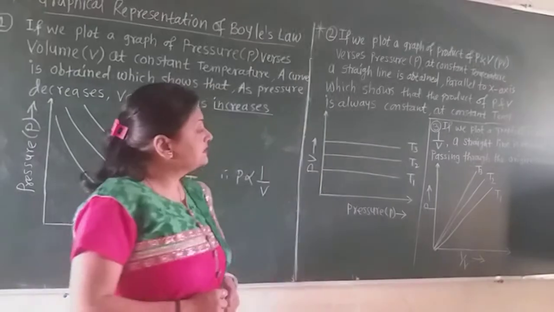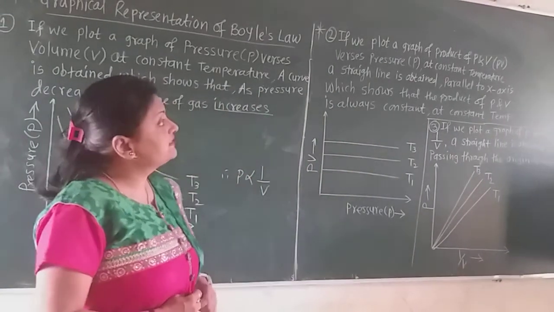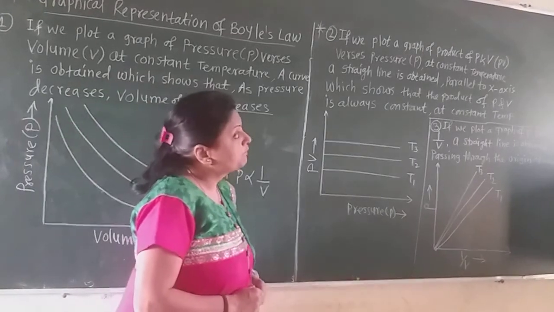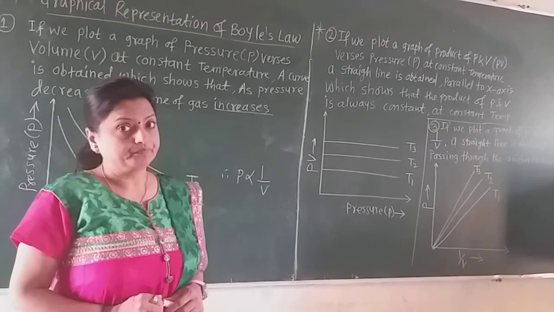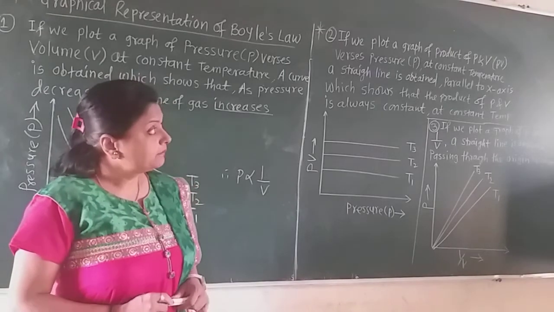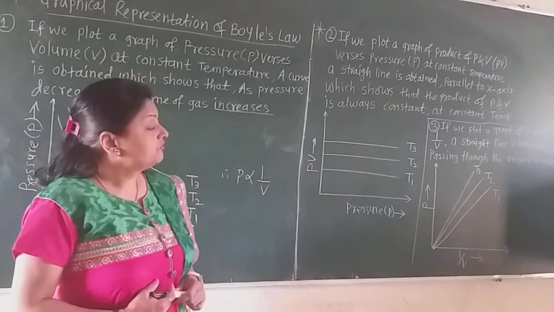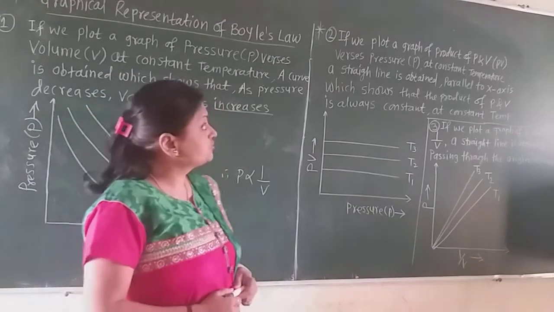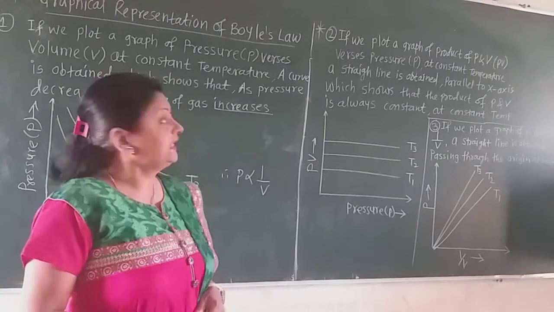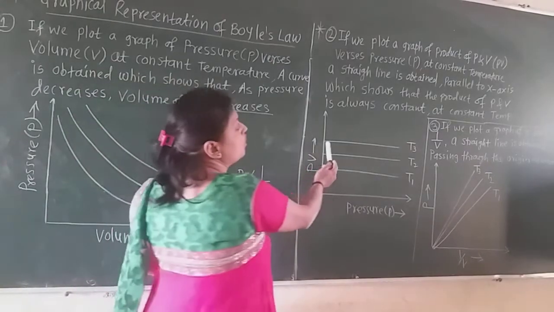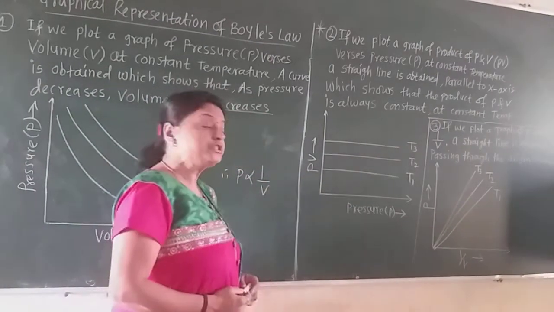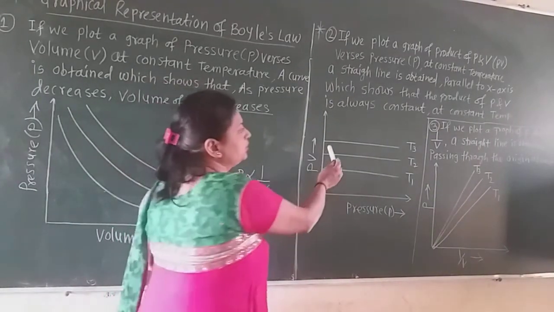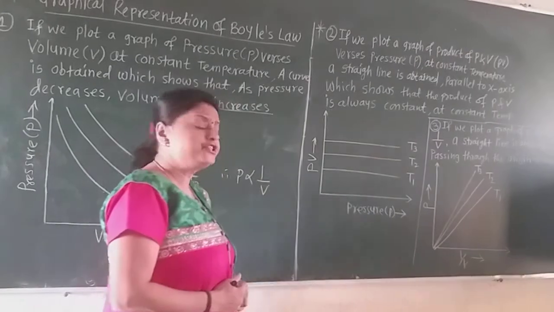Now the second graphical representation: if we plot a graph of the product of pressure and volume, that is the multiplication of pressure and volume, PV versus pressure P, then at constant temperature a straight line is obtained, which is parallel to the x-axis. What does this show?